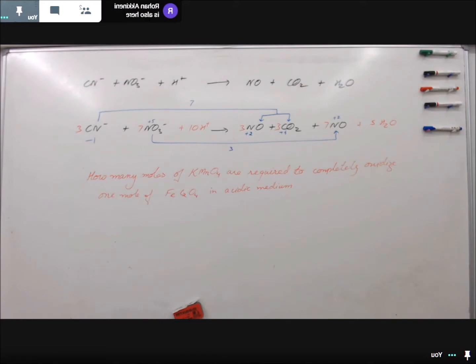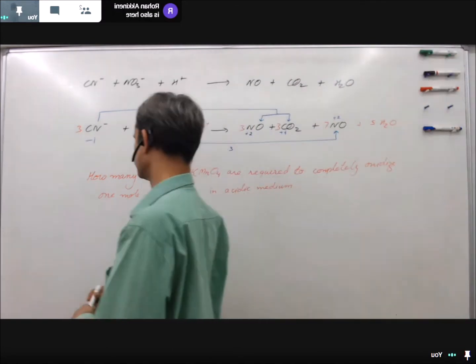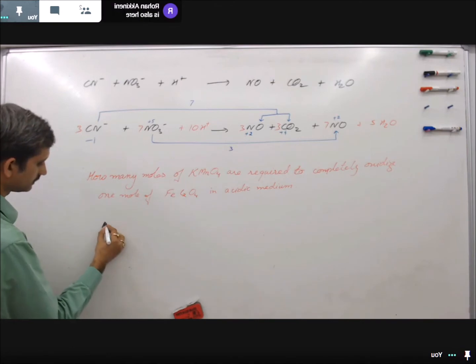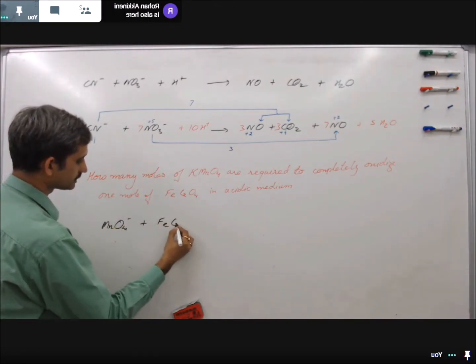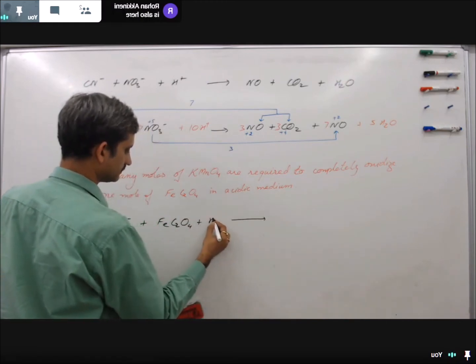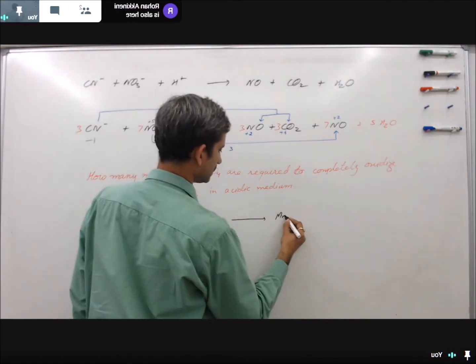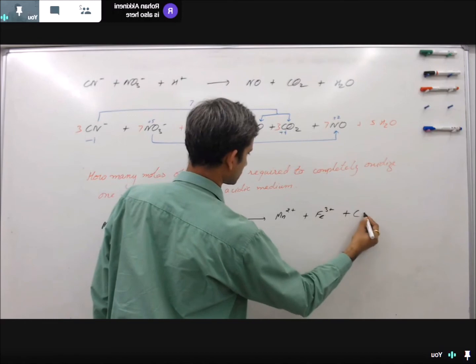What's the answer? Sir, I'm not getting this one. Can you balance the equation? The equation is a straightforward one. We have MnO4 minus plus FeC2O4 giving, in acidic medium, Mn2 plus, Fe3 plus and CO2.